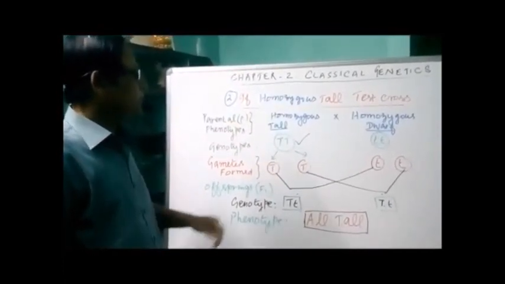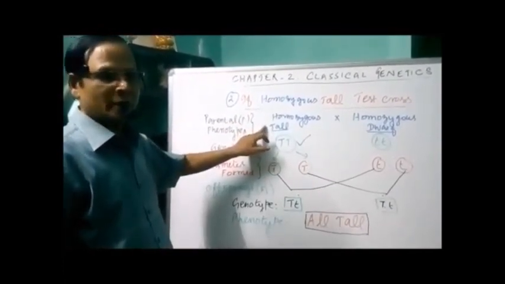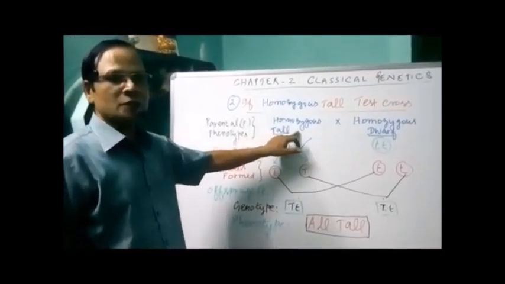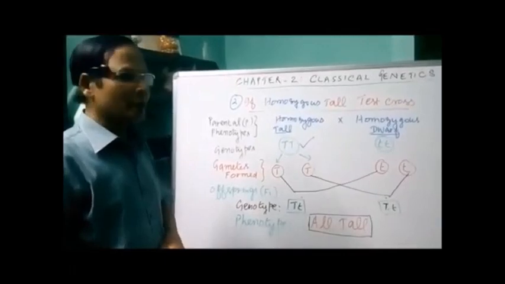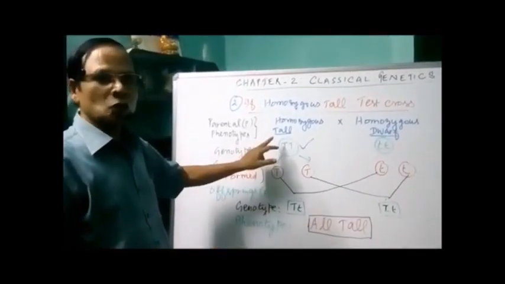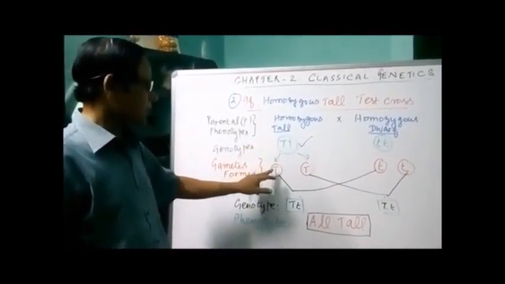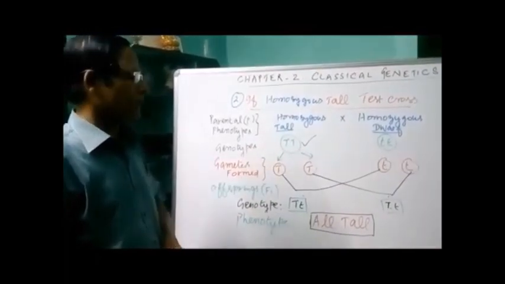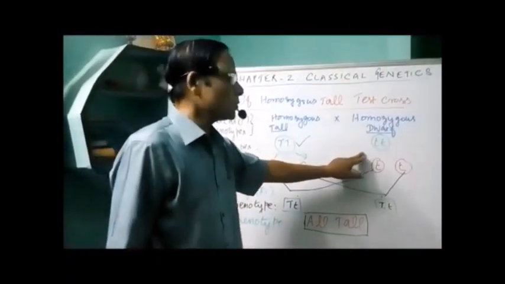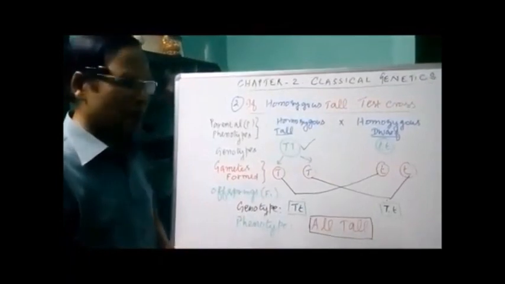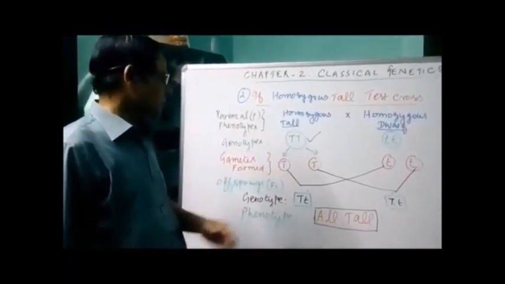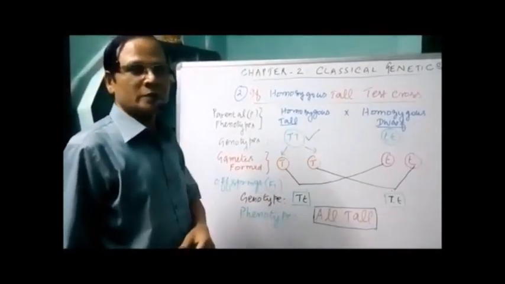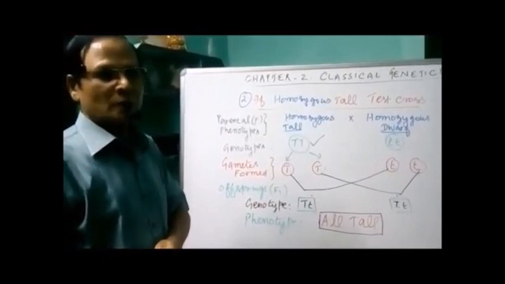So here we are crossing the homozygous tall parent with the homozygous dwarf parent. The gametes produced by the tall parent are similar, each with a dominant allele. Similarly, the gametes produced by the homozygous recessive parent are similar, having the recessive allele. The random union of these two gametes results in the production of progeny.